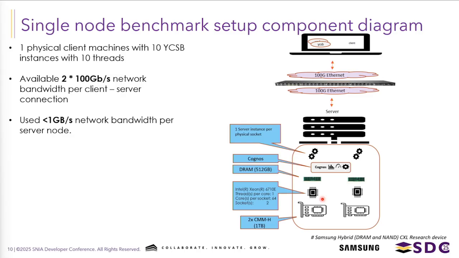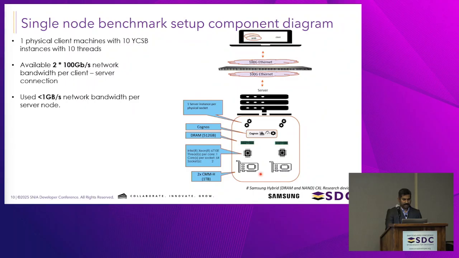Each server instance is bound to each CPU, and the server instance running on each socket sees the DRAM and the CXL memory as NUMA nodes, and we did the memory binding between the DRAM and the CMM-H. So this is what we did for single node.